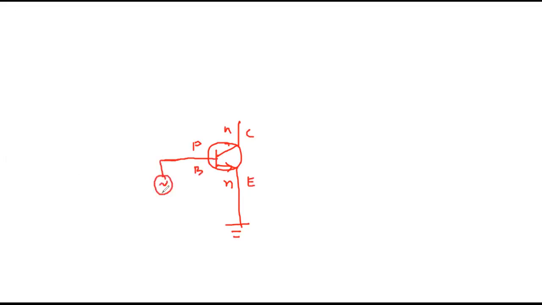The alternating signal which is to be amplified is superimposed along with VBB. VBB is constant but the signal is changing. So the varying base emitter voltage is connected across base emitter, which produces a changing current IB.